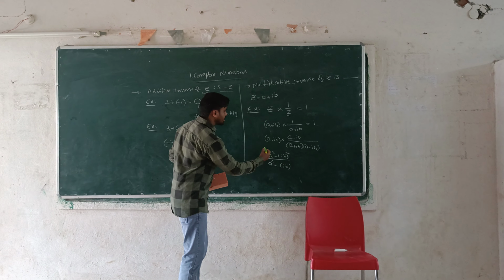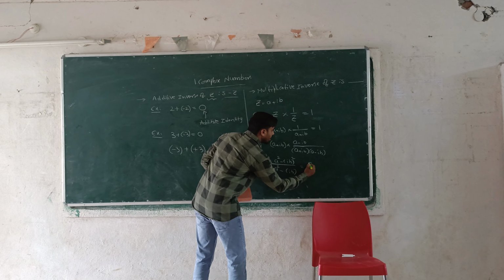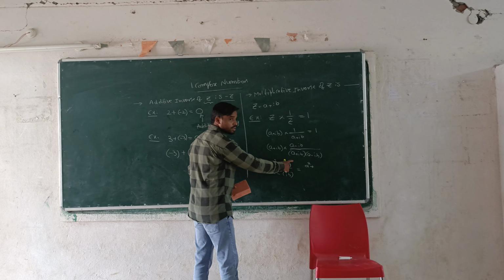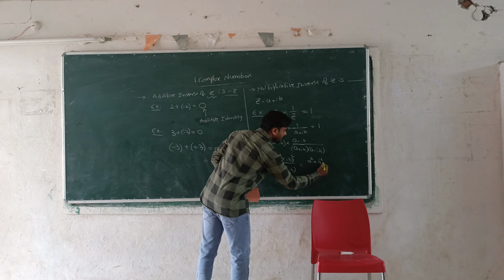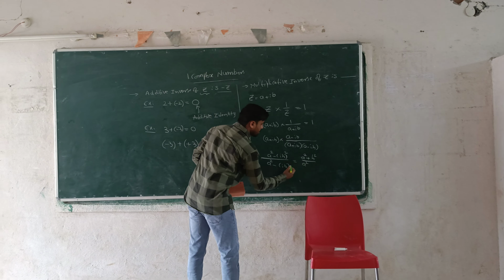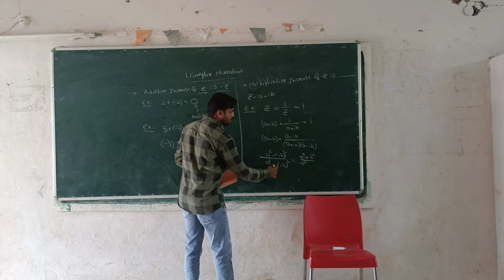So this is what you will be getting here. You can see how much here? a square plus i square is minus 1, minus 2 i b plus b square... a square, so a square minus b square, okay? And i square is equal to minus 1 times b square.